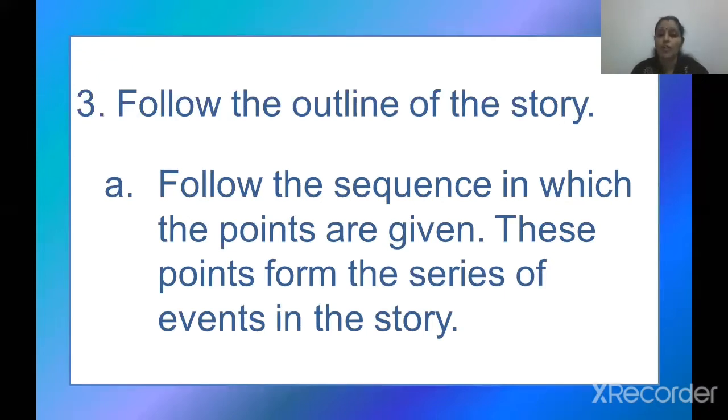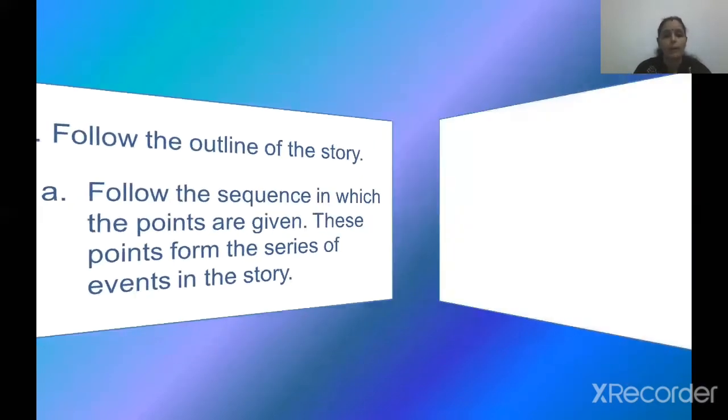You will not change the order of the sentences. These points are given in such a way that they form the series of events in the story. So you cannot change the order. You have to develop the story in the same sequence as the points in an outline.